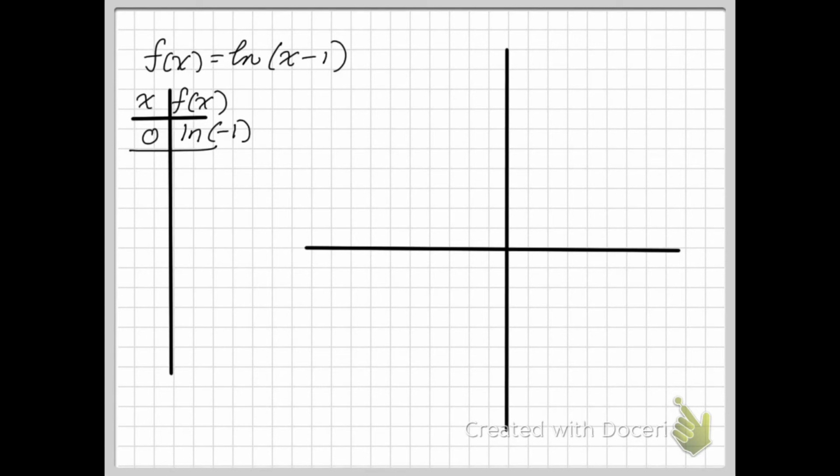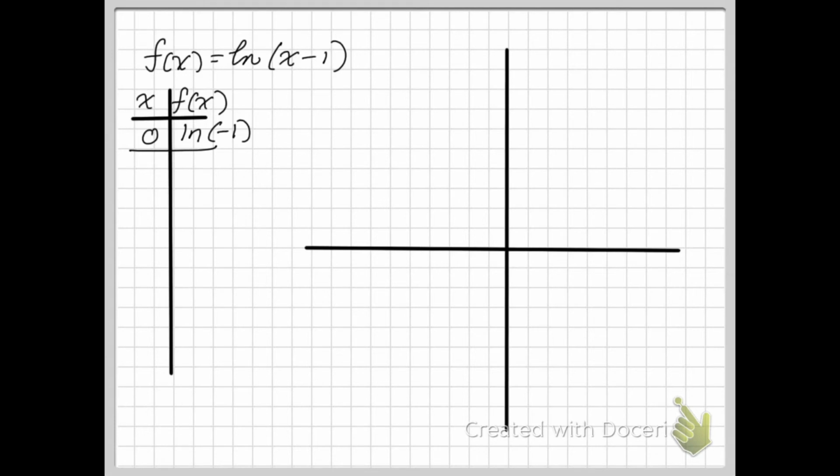So we were looking for the y-intercept, and we aren't getting a value. We're getting an undefined value. Why is that? Because the vertical asymptote shifted to the right, which moves us away from the y-axis.